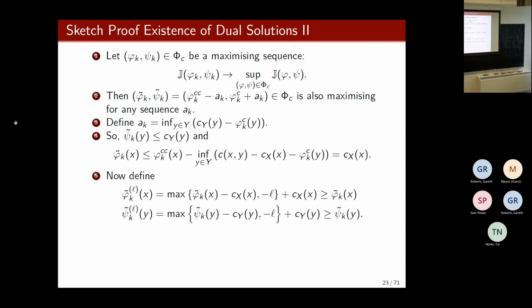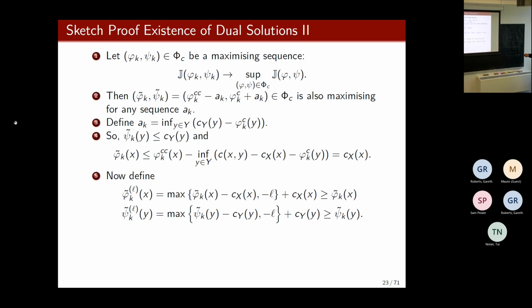So what I do next essentially is to truncate. I take the maximum of psi tilde k of x minus C of x and minus L, then I add on C of x here. If the maximum is the first part here, then of course I just have psi tilde L equal to psi tilde.